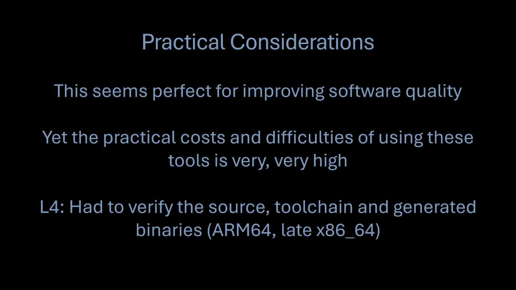So basically, all three lined up. The binaries verified that certain properties were true about the microkernel, and the toolchain could then take the source and guarantee that the binaries and the source would line up well enough. Just a massive amount of work. But they've been improving on it and doing some more work there.